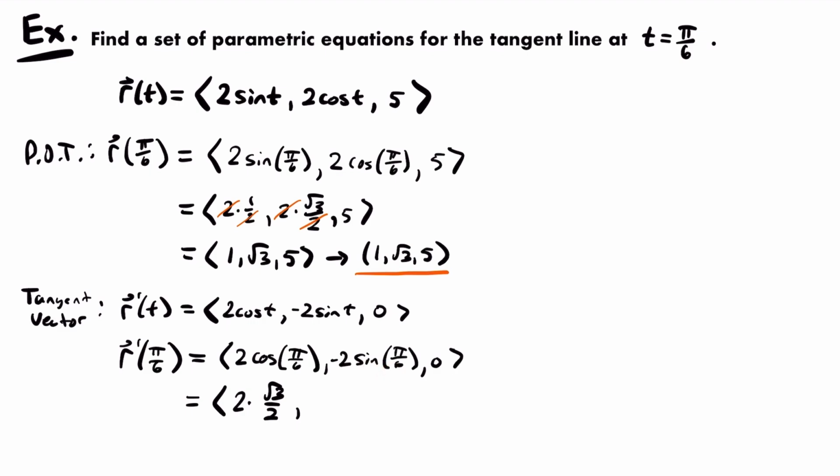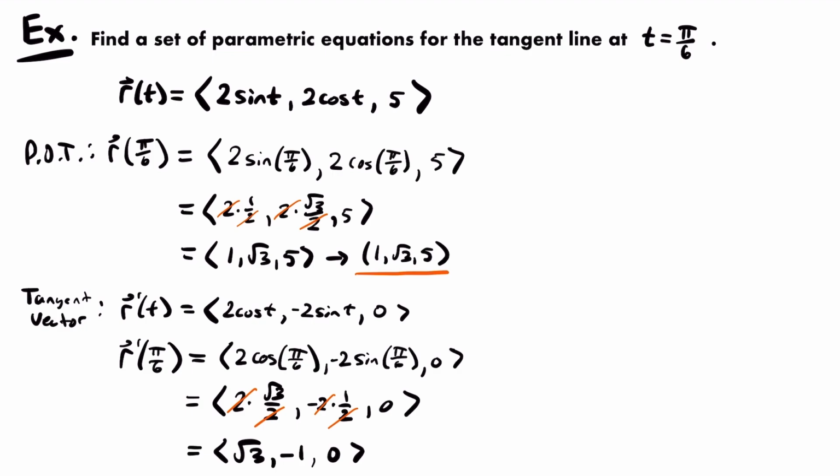Sine of pi divided by 6 is 1/2, so we have negative 2 times 1/2, and then 0. And then simplifying, these 2's cancel out, and so do these 2's. So what we're left with is a vector with components of the square root of 3, negative 1, and 0. So that's our tangent vector for t equals pi divided by 6 on this vector function.